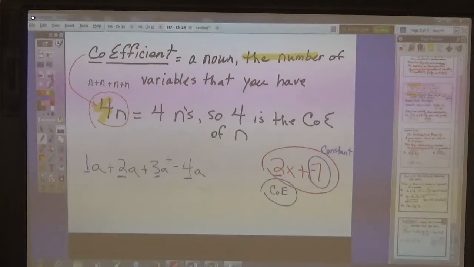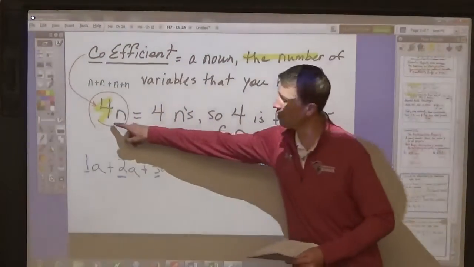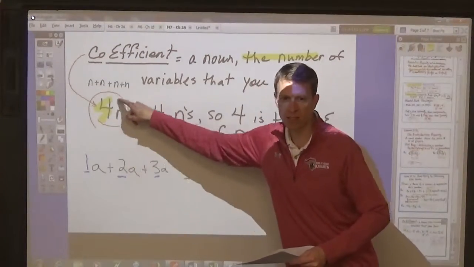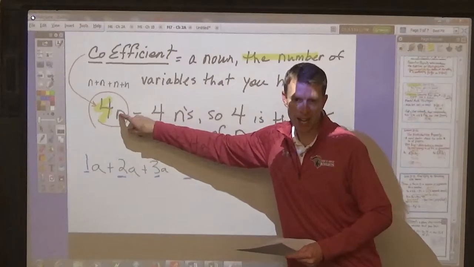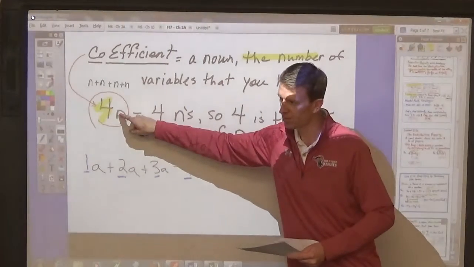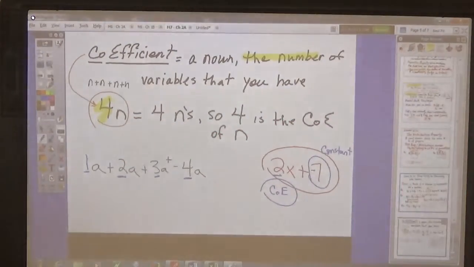A coefficient is a word that tells you the number of variables that you have. So if the term is 4n, the 4 is the coefficient, and n is the variable. The number in front of the letter is called the coefficient.